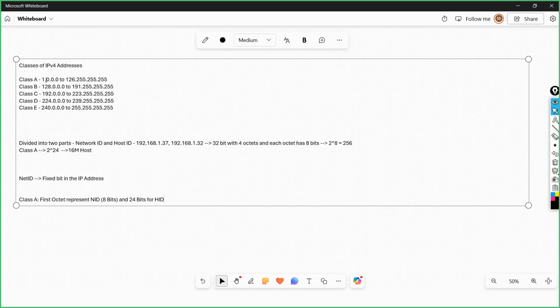It will be like 1.0.0.0, 1.0.0.1, up to 1.0.0.255.